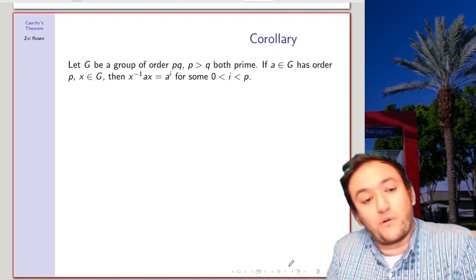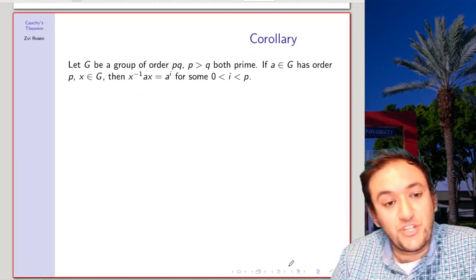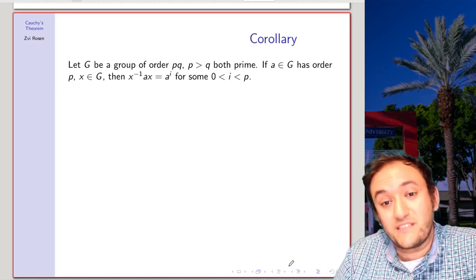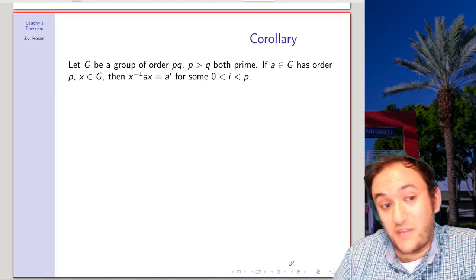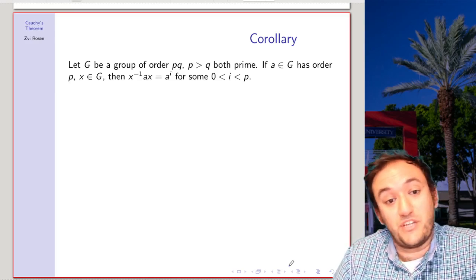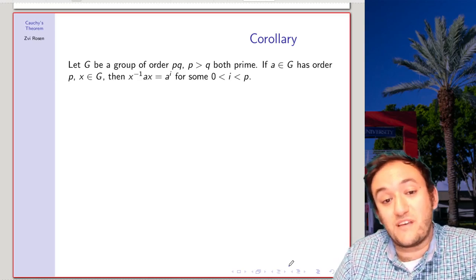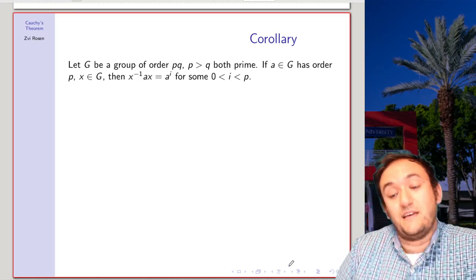Now let's go to a corollary of that. Let G be a group of order pq, p greater than q both prime. If a in G has order p and x is any element in G, then x inverse a x equals a to the i for some 0 less than i less than p.